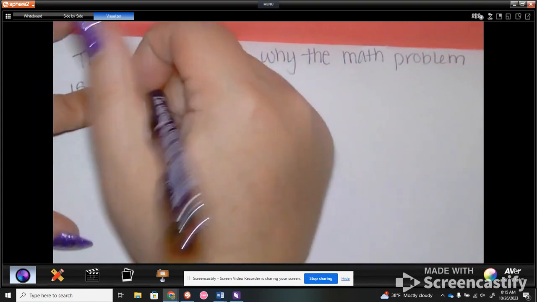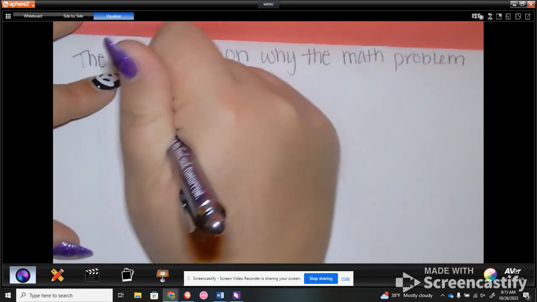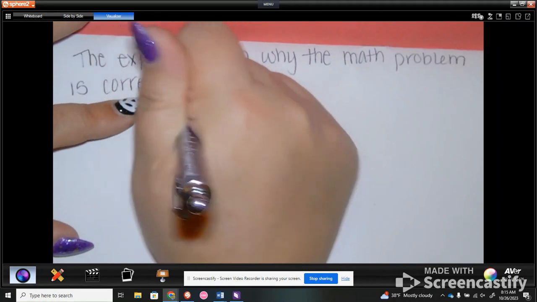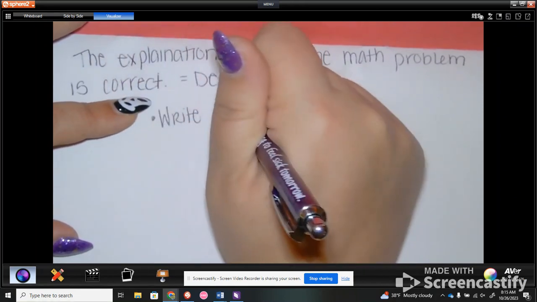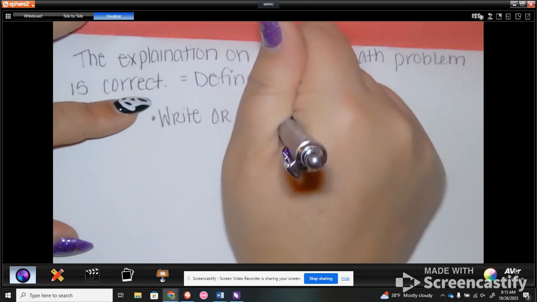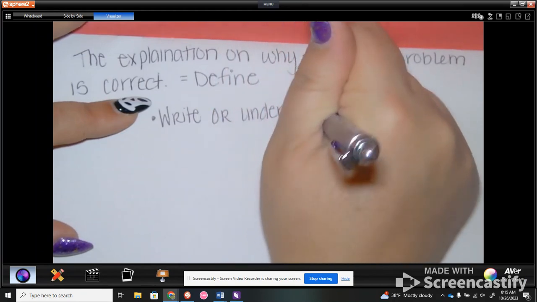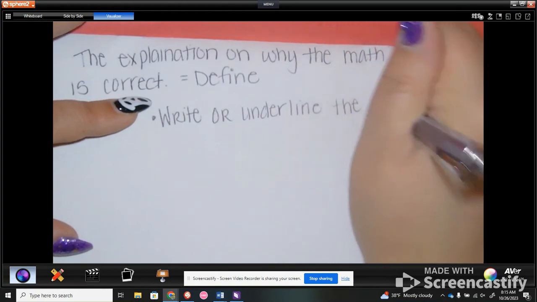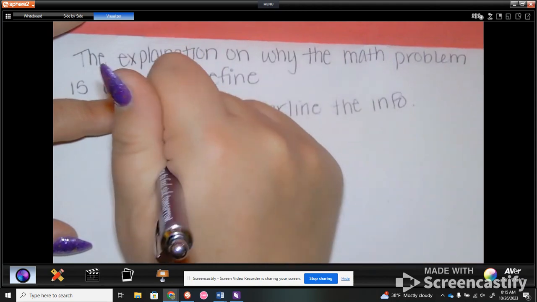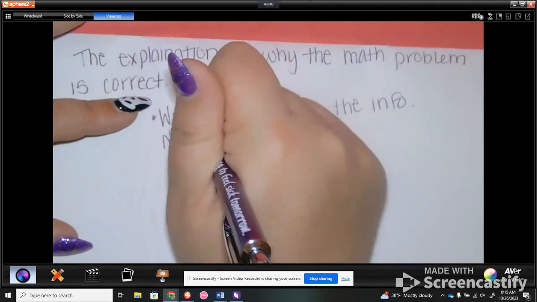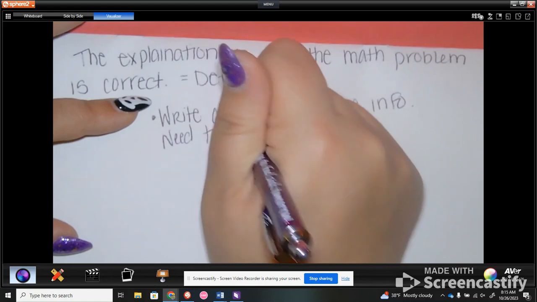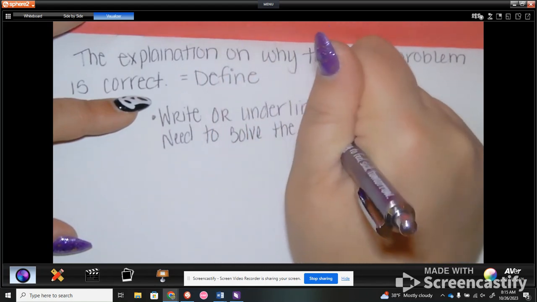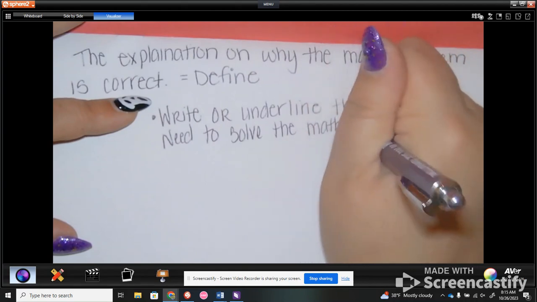So here, this is where you write or underline the information needed to solve the math problem.